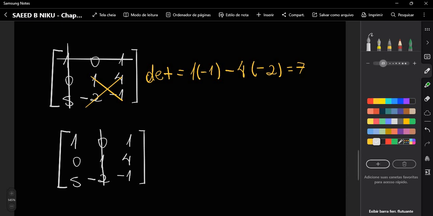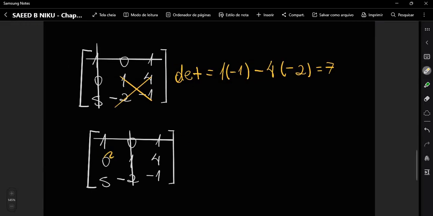We block out the column and the line of this entry, and we calculate the determinant of what is left.